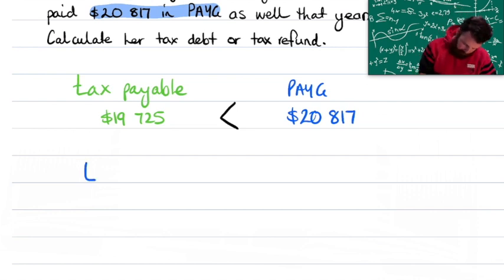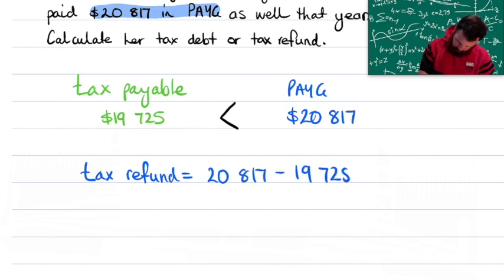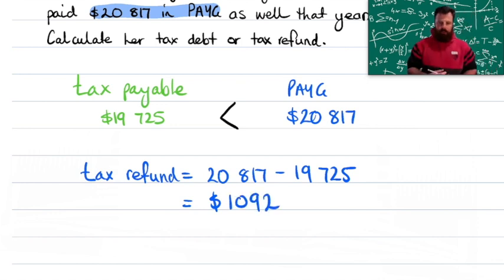The tax refund is the difference between those two: 20,817 minus 19,725. When we evaluate that, we see that Jodie will get a tax refund of $1,092, and the Australian Tax Office will put that straight into her bank account for her.